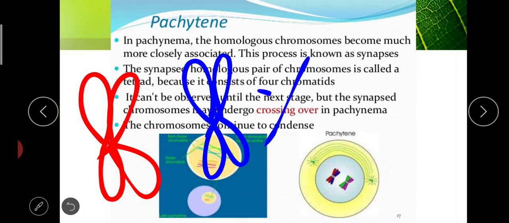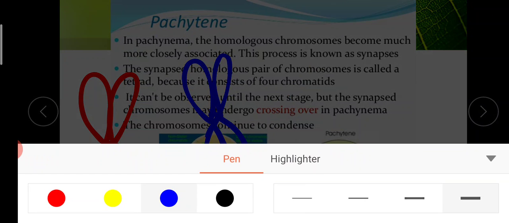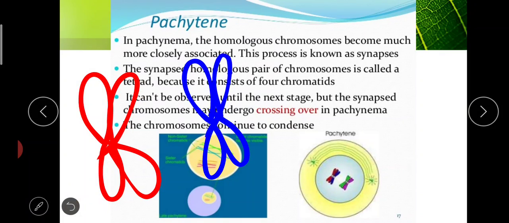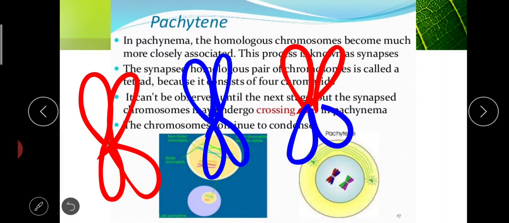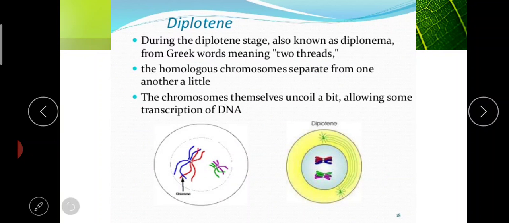They are in the form of an X. They will not separate completely, but crossover takes place now. How does the crossover take place? The top part of the first one crosses over like this. As a result, genetic recombination takes place here.